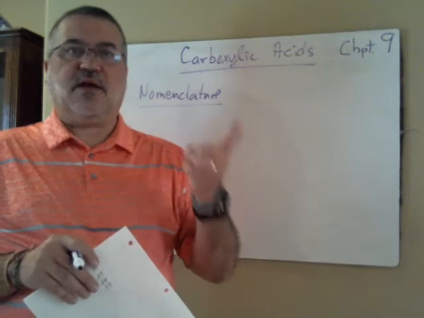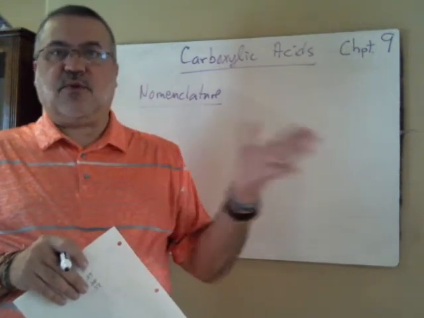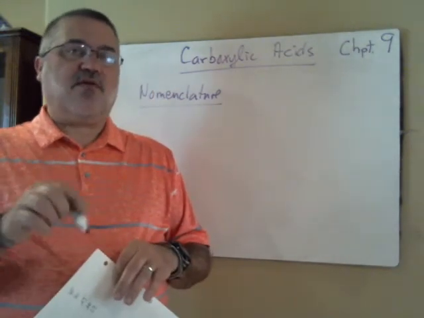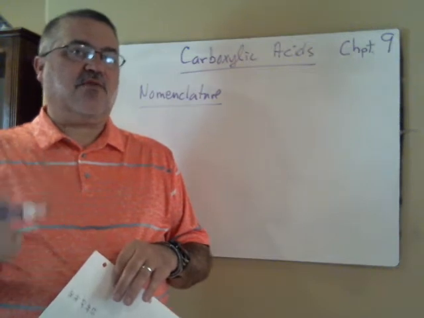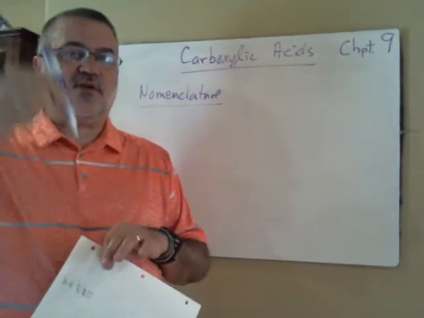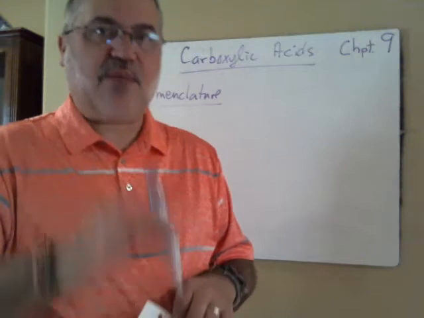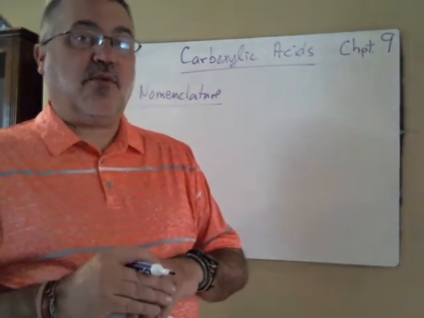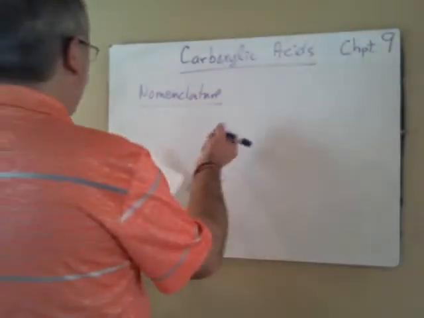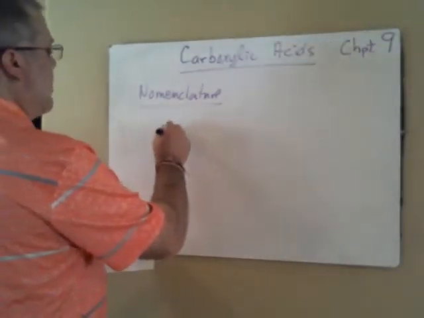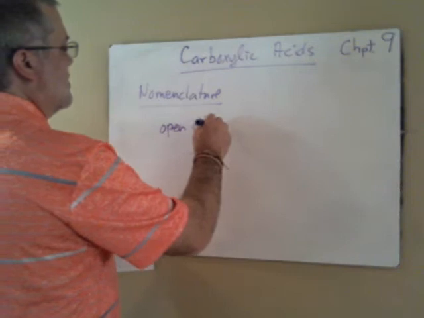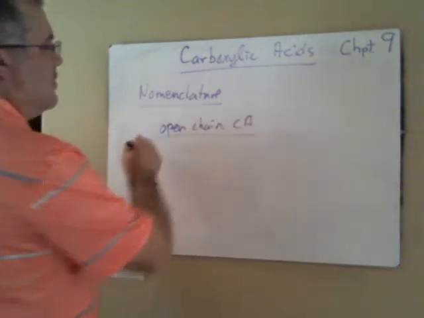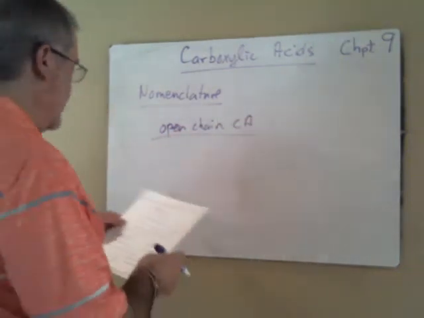That carbonyl carbon's always going to be 1, etc. And then if you have a ringed system, we need to have a name for it as a substituent because the carboxylic acid itself cannot be part of a ring because it's a terminal functionality. Okay, so you're going to see both those elements. So let's start with open chain carboxylic acids and the rules that pertain to that nomenclature.